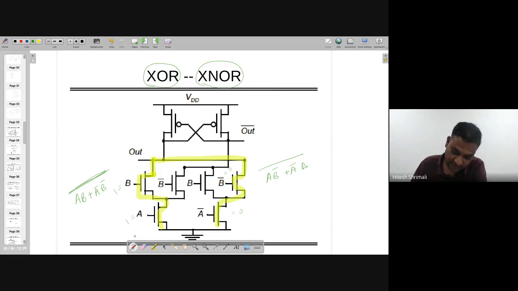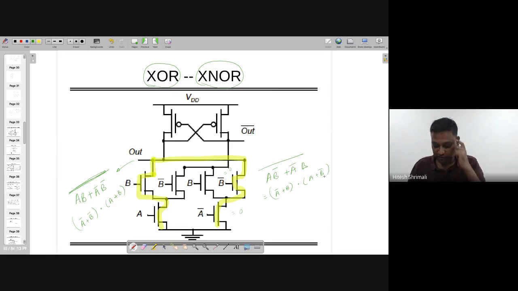So maybe the title might be wrong. So on this side, I'm going to see A bar or B bar ending with A or B, right? And in this case, on this side, I'm going to see A bar or B ending with A or B bar, right? So this is what is available to us. Do not look at this maybe.